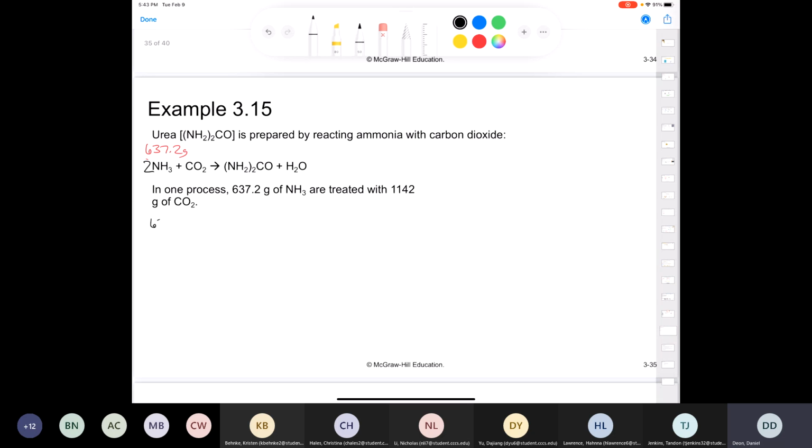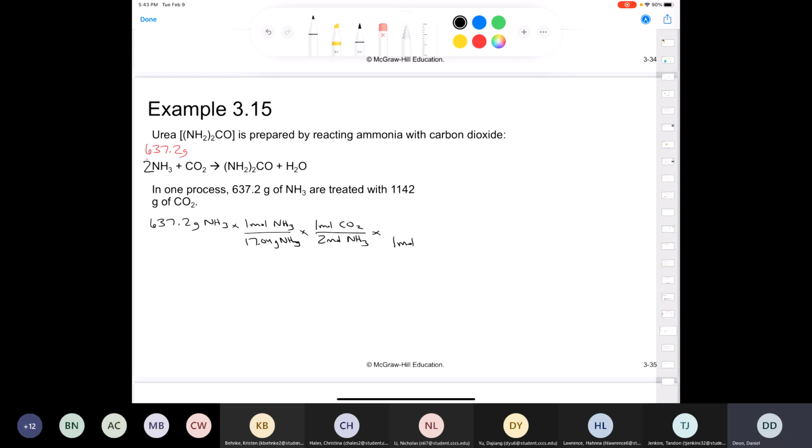So if we have our 637.2 grams of ammonia, and in 1 mole of ammonia, we have 17.04 grams of ammonia. And I know that for every 2 moles of ammonia, I use 1 mole of CO2.